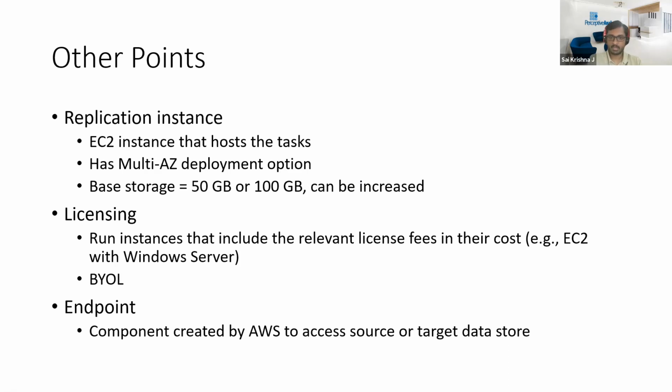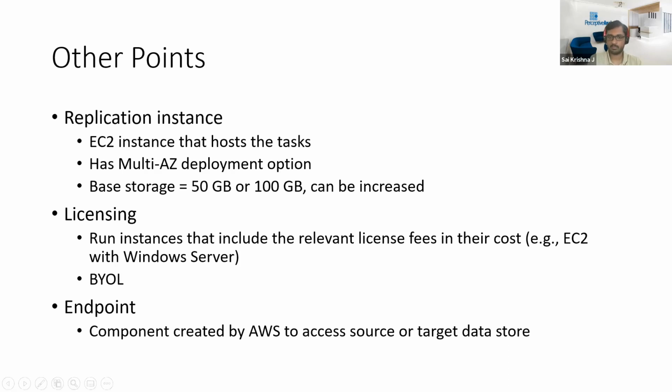And regarding the licensing on the EC2, EC2 is nothing but a virtual machine, right? I think some of you might have worked on it here. It typically runs on Windows or Linux or any other operating system. So AWS provides two options. You can either run the virtual machine with the license that Amazon provides, which will incur additional fees on your part.